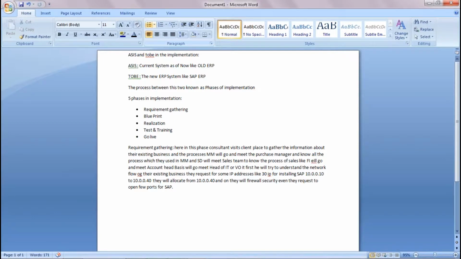They will also take some rack space, where they are going to put their SAP servers. If it is an on-premise environment, fine; if it is a cloud environment, no problem. They will book a space in the cloud, because nowadays people are using on-premise, cloud, or both, hybrid, depending upon their investment and client interest.